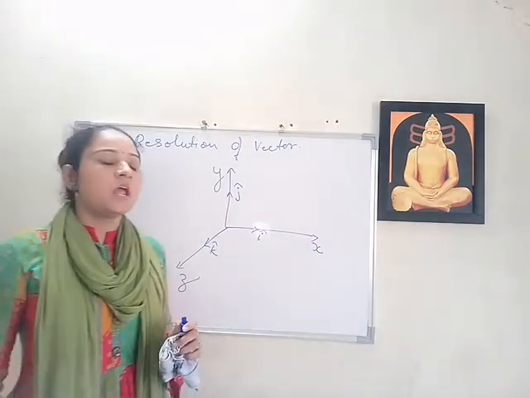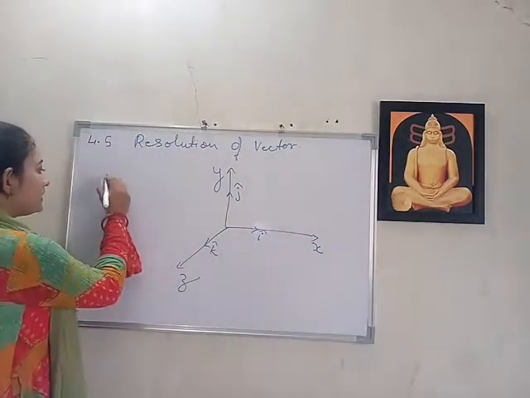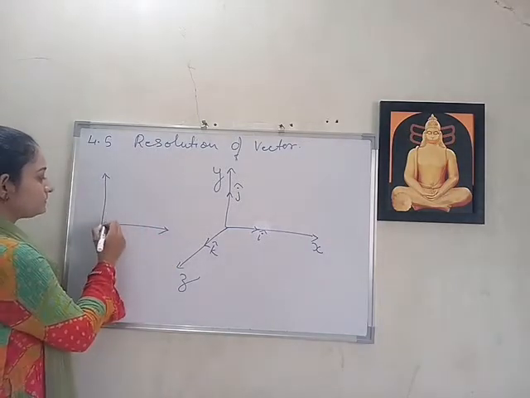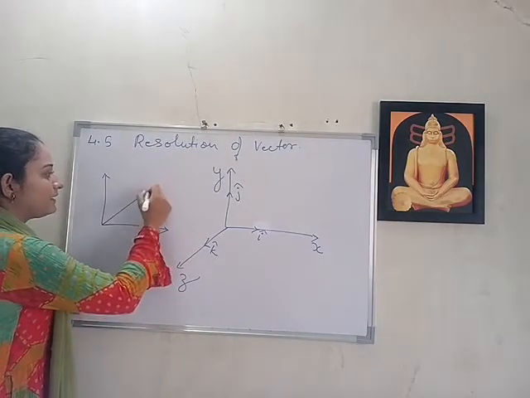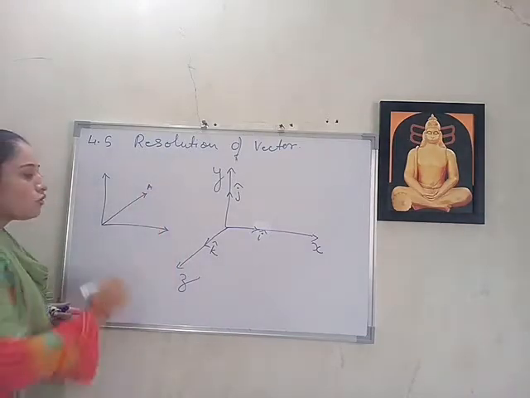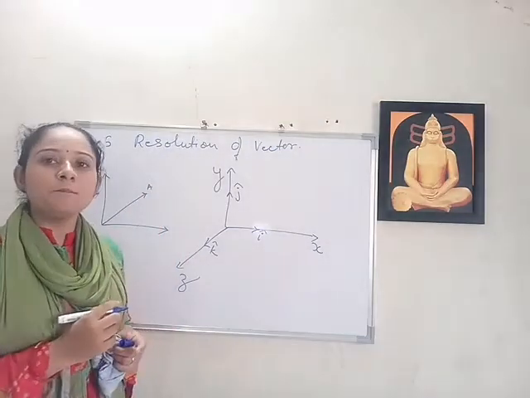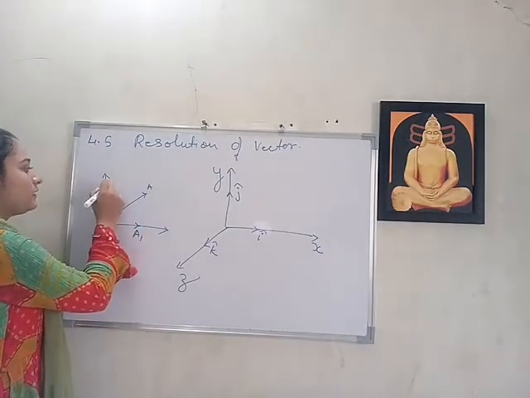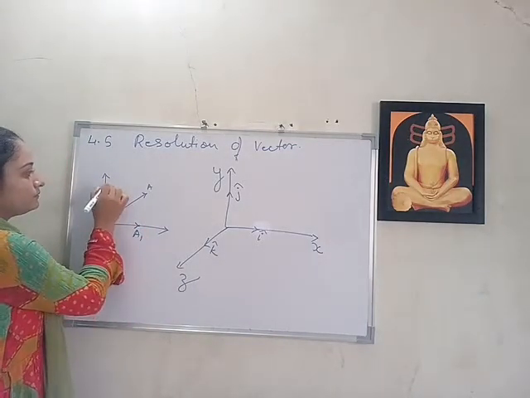Clear? Now say we will take one example from this. We have a vector A, with its x and y components, for example, say A1 and A2.